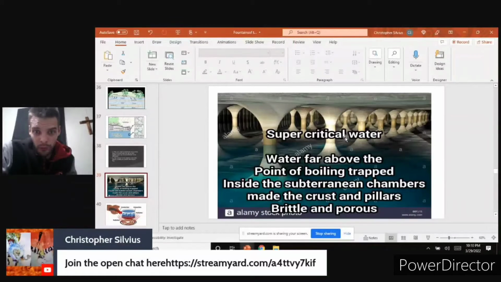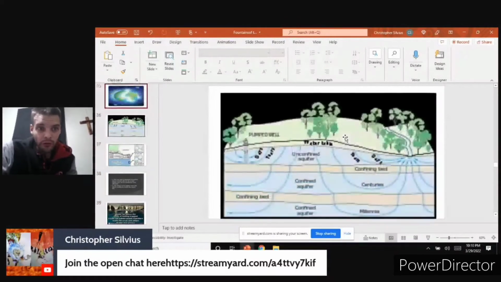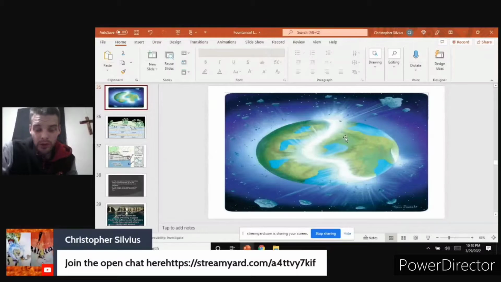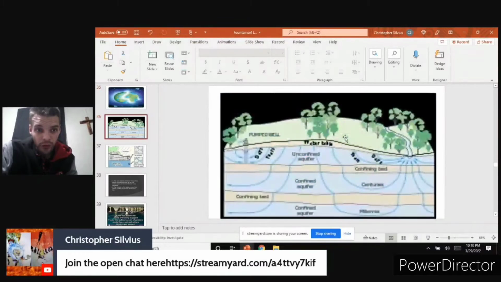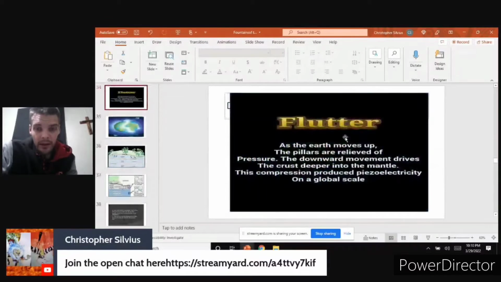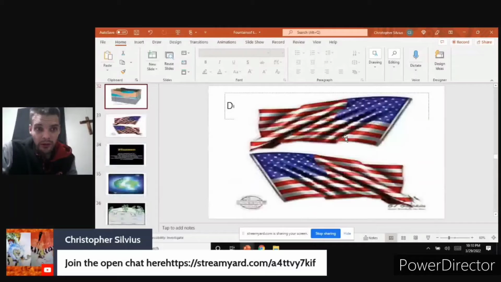Water far above the point of boiling, trapped inside the subterranean chambers, made the crust and the pillars brittle and porous. And eventually it found a crack and escaped through the surface of the Earth, and so the Earth basically popped like a big balloon, and all of that water came shooting to the surface, rearranged the surface of the crust, and this occurred for about 40 days and 40 nights.